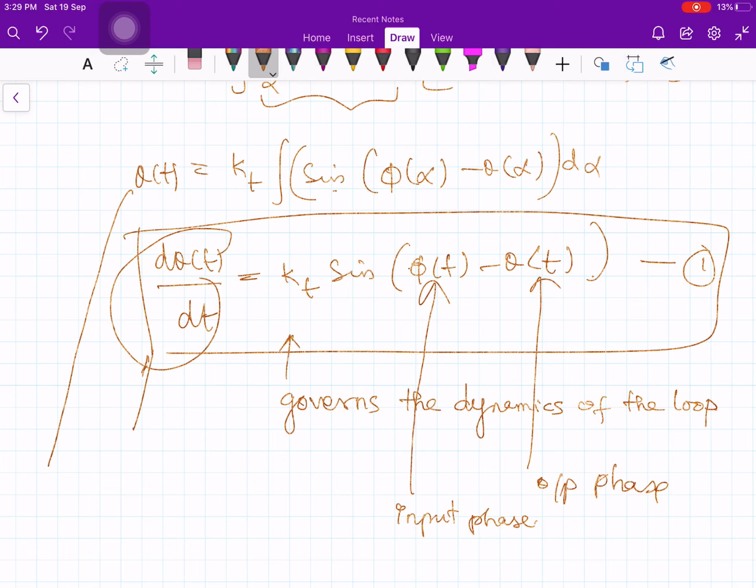Okay, so this equation 1 is the non-linear differential equation which we have now arrived at, and it provides a means to study how theta of t will evolve as a function of time.